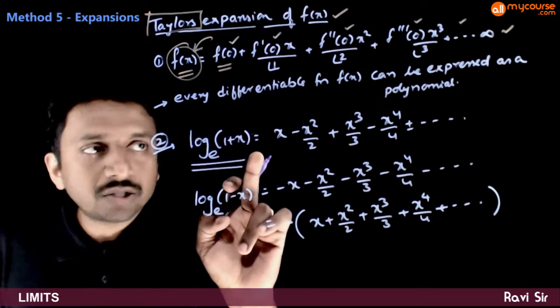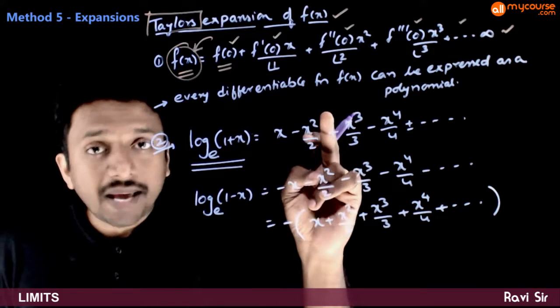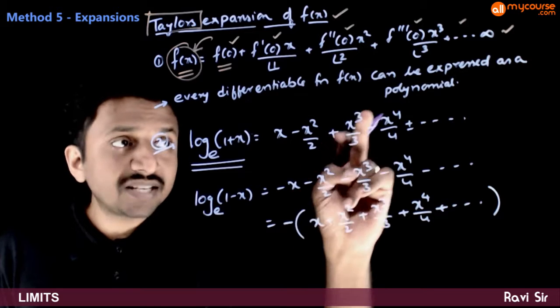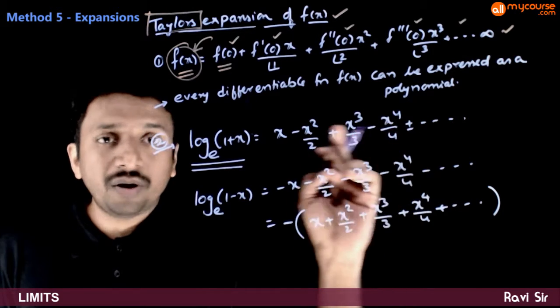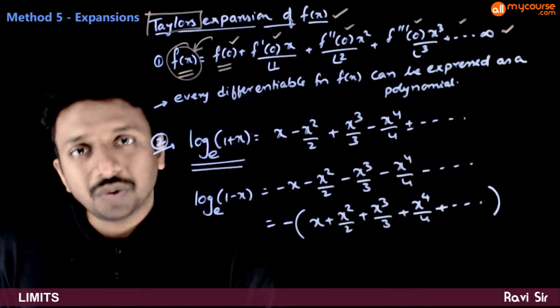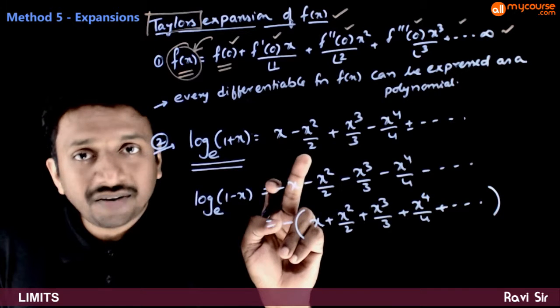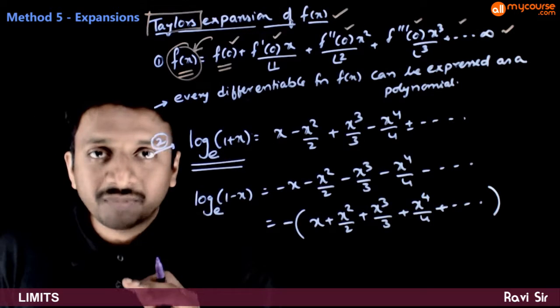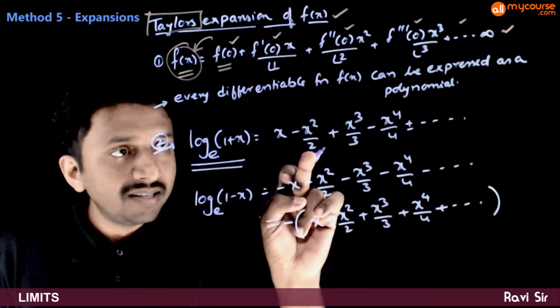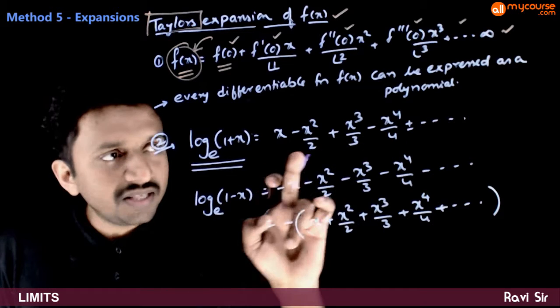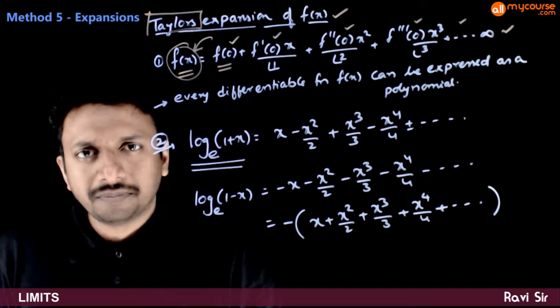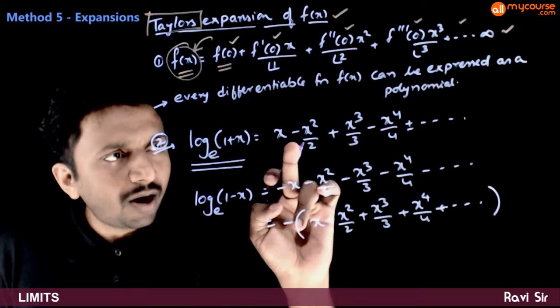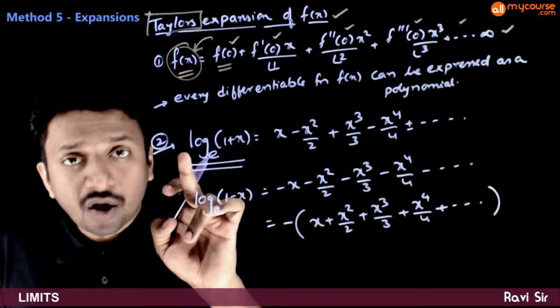Log 1 plus x to the base e is x minus x square by 2 plus x cube by 3 minus x to the power 4 by 4 plus minus and so on. The difference between exponential and logarithmic expansions is that there are no factorials here. These are just 2, 3, 4, 5, and so on. And you have an alternate plus minus sign in log of 1 plus x.